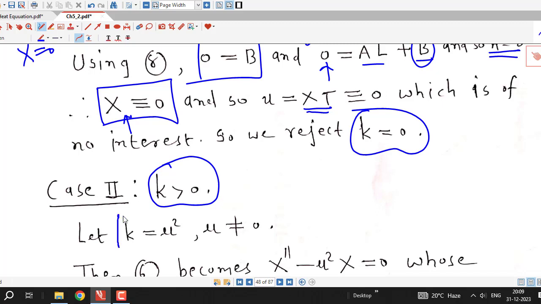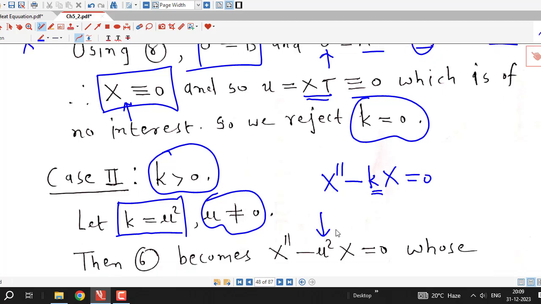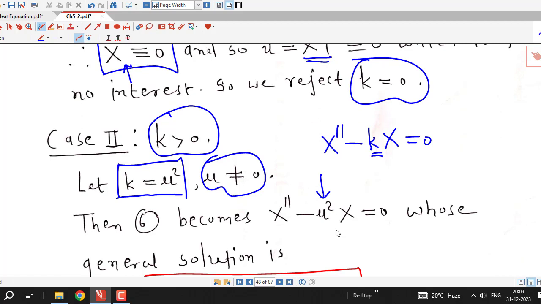So in that case we can write k equal to the square of some non-zero real number, say mu, and our equation is X double dash minus kX equal to 0, in which we take k equal to mu square. If I want to solve this, I will write down the auxiliary equation, which is m square minus mu square equal to 0.